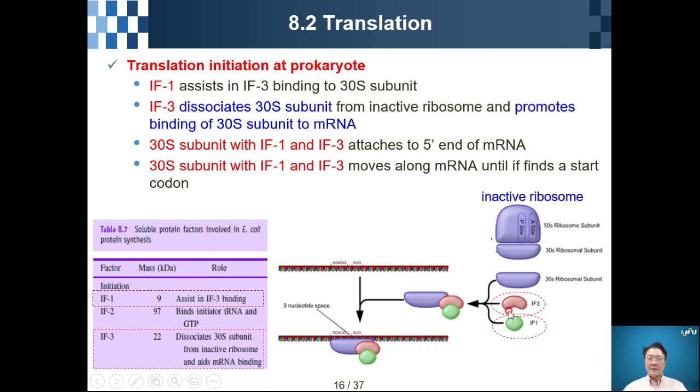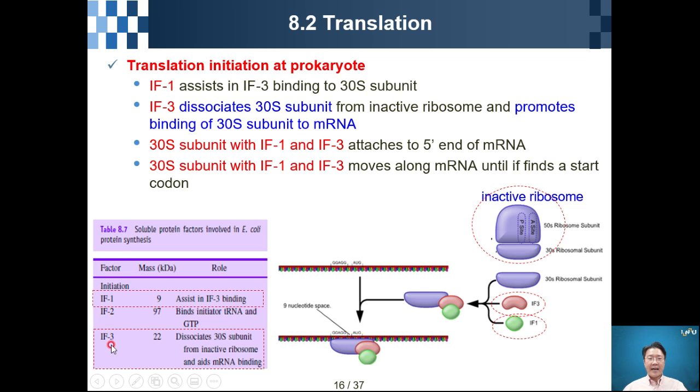How about IF3? This is a very important function. IF3 dissociates the 30S subunit from the inactive ribosome and promotes the binding of the 30S subunit to mRNA.